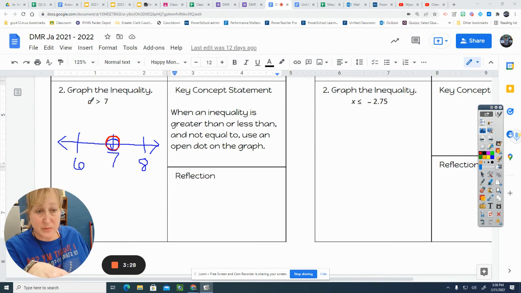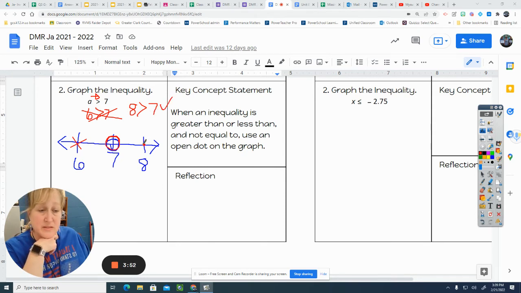Now again, my variable is on the left side, so that means my arrow will point the same way, but we can test this. If I put a 6 in for A, is that greater than 7? No, so 6 won't work. But if I put an 8 in, 8 is greater than 7, this does work. So that makes it a possible answer. So all of my answers go this way on the number line.